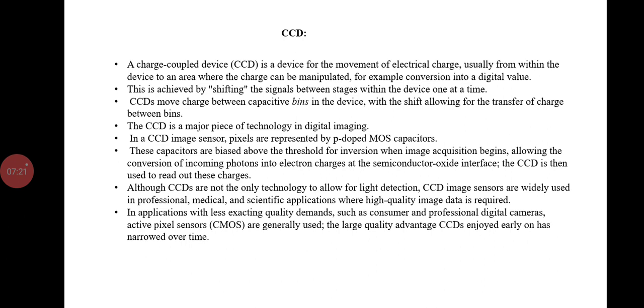A charge coupled device is a device for the movement of electrical charges, usually from within the device to an area where the charge can be manipulated. The CCD moves charges between capacitive bins in the device, with the shift allowing for the transfer of charge between bins.